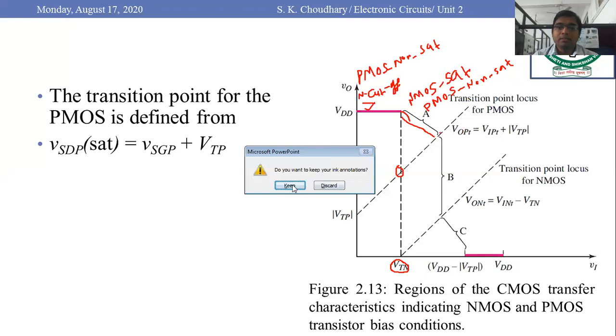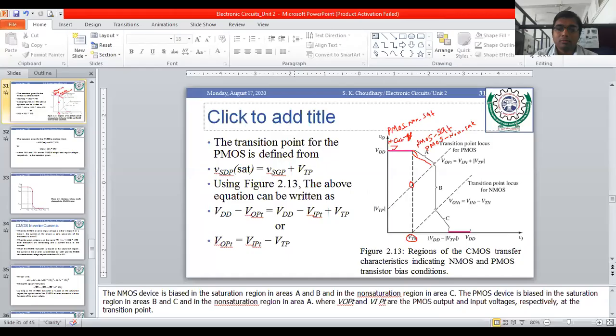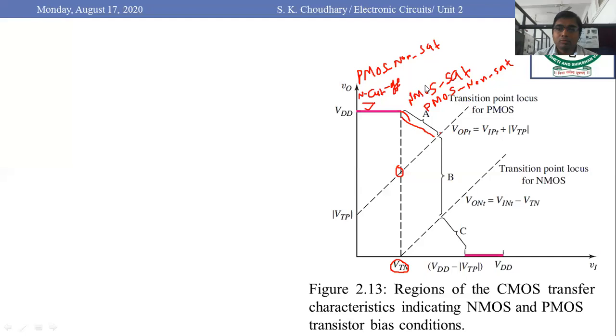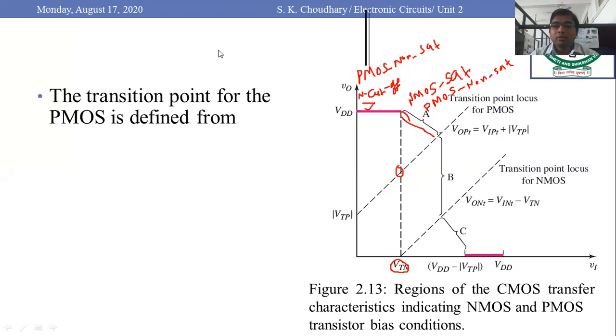So in this condition, we will continue our discussion on this point. So this is the transition point for the PMOS.